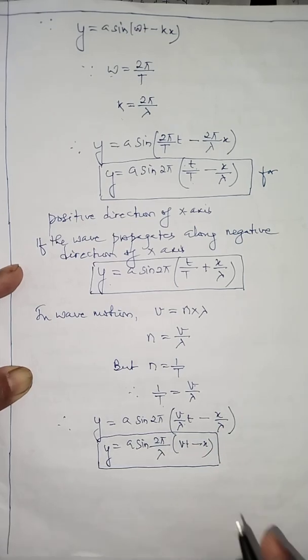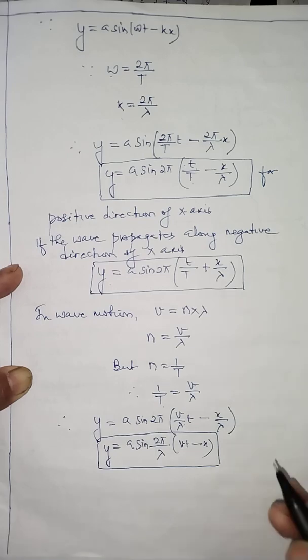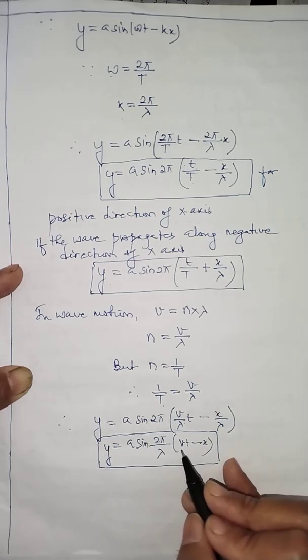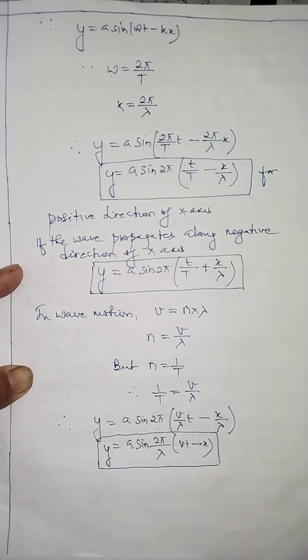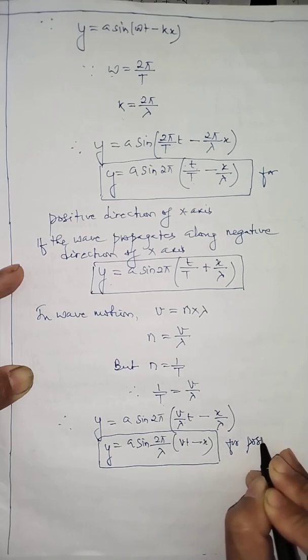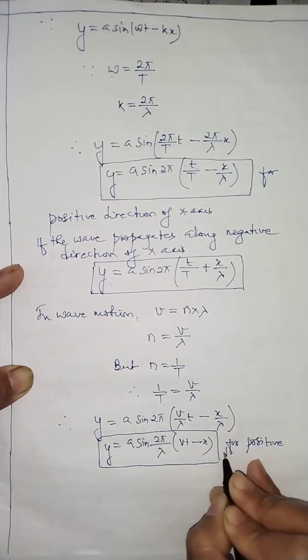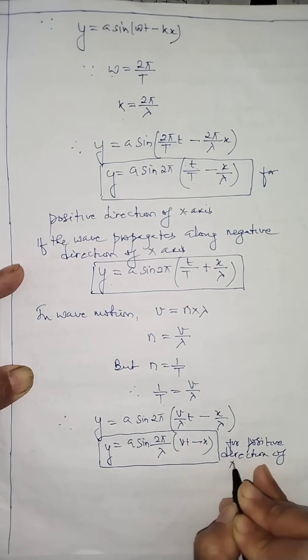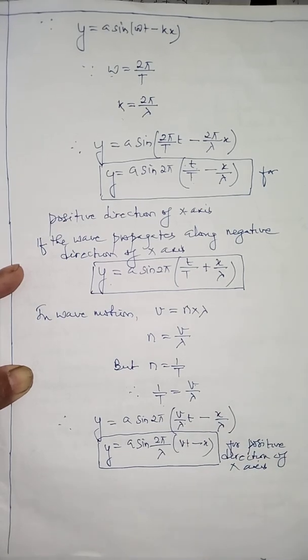This is also the displacement equation of a particle in a plane progressive harmonic wave, but in terms of the wave speed, also called the velocity of the wave. This is for the positive direction of the x-axis, when the wave propagates along the positive x-axis.